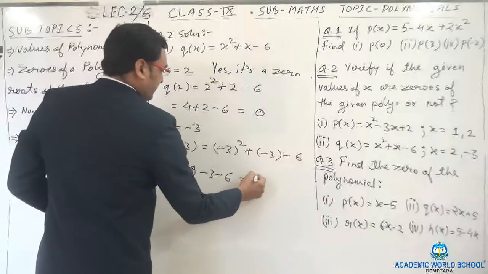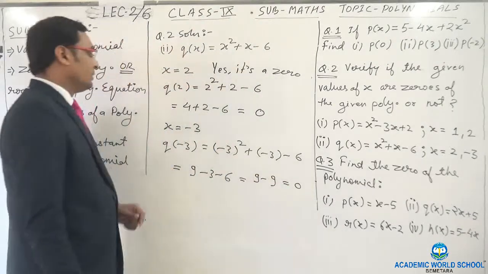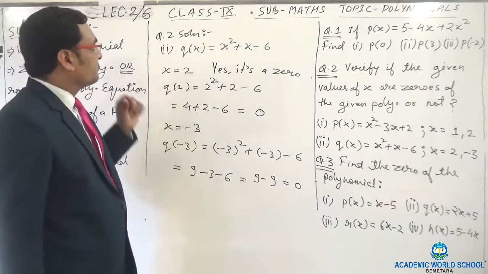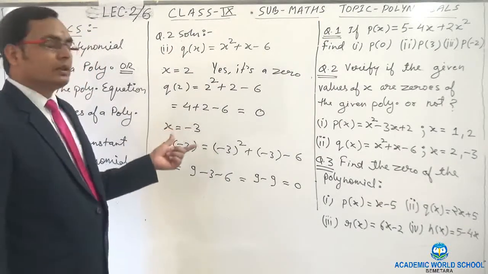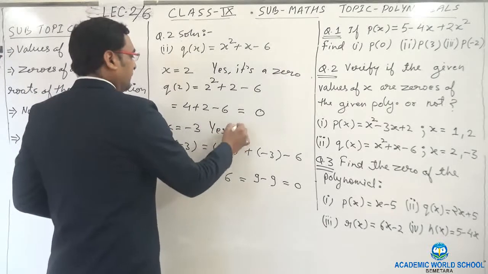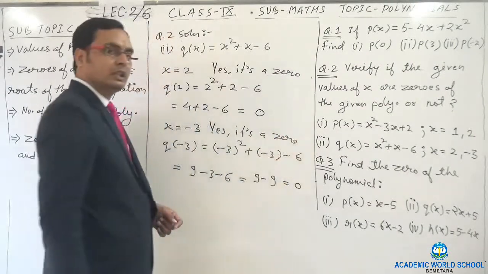Minus 3 minus 6 will become minus 9, so 9 minus 9 is equal to 0. For this value of x, also the value of this polynomial is equal to 0. So it is also a zero of this polynomial. We will write yes, it's a zero.